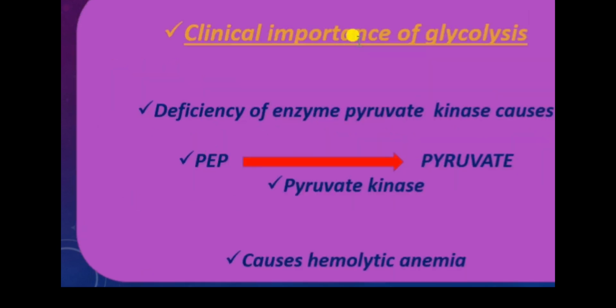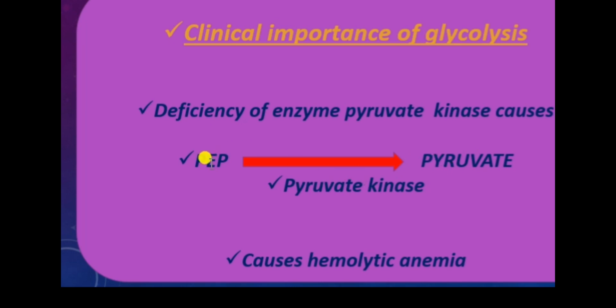Now what is the clinical importance of glycolysis? The deficiency of the enzyme pyruvate kinase, which is involved in the last step of glycolysis, when phosphoenol pyruvate is converted into pyruvate. If there is a deficiency of pyruvate kinase, then the phosphoenol pyruvate cannot be converted into pyruvate.